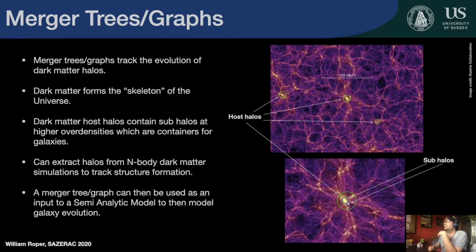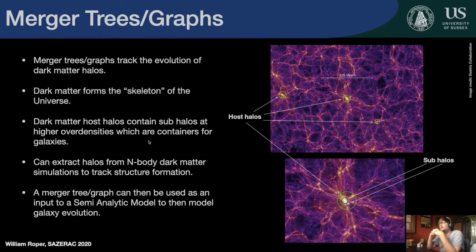These halos are part of the dark matter skeleton, which we believe forms the large-scale structure of the universe. Within this skeleton, there are dark matter host halos, the halos that contain clusters and groups of galaxies. And within these host halos, there are areas of higher overdensity, the subhalos, which are the containers for galaxies.